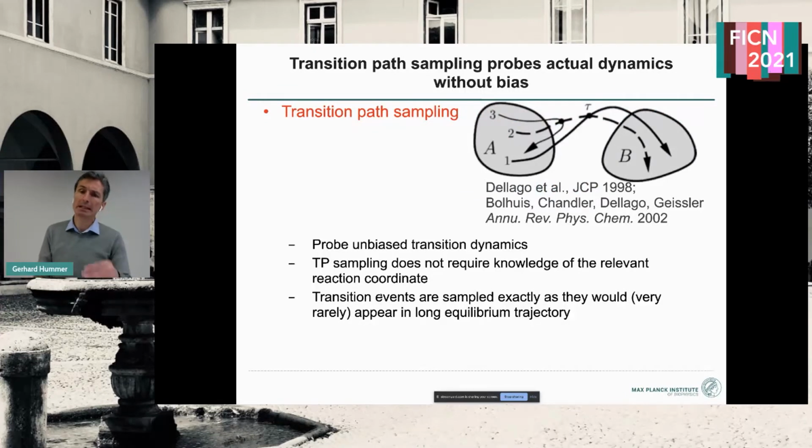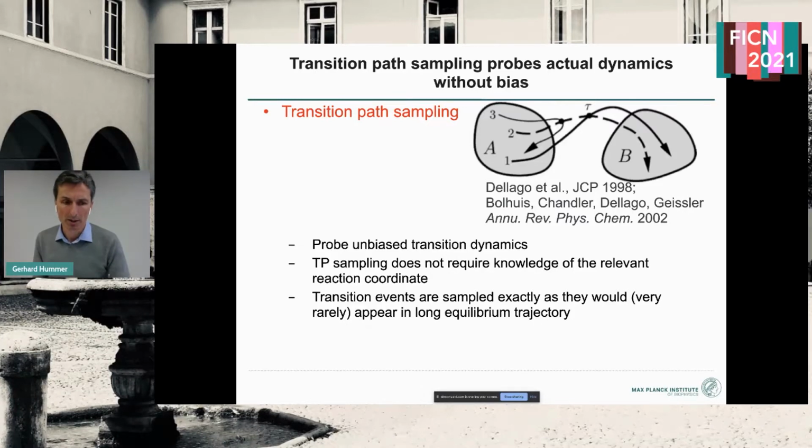So what we did instead is we tried to adopt a simulation technique for rare event sampling, where one is not biased by exerting external forces on the system, but instead one makes judicious choices of initial conditions and lets them evolve in a completely unbiased fashion on the original free energy surface, and then tries to sample rare events through a clever trick called transition path sampling.